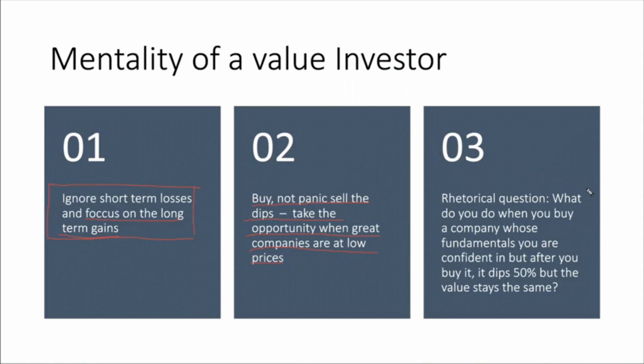And finally, I have a rhetorical question. If you buy a company whose fundamentals you are confident in, but after you buy it, it dips 50%, but the value of the company stays the same, what do you do? Do you sell it because the price is down 50%? I mean, something major must have happened.